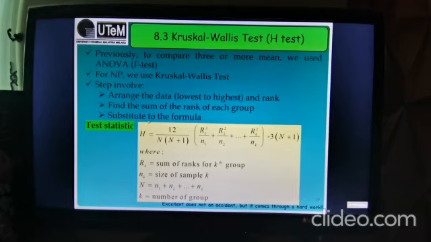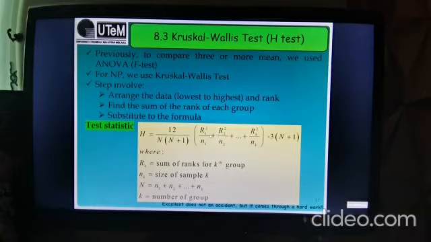And then substitute into the formula of the test statistic. The test statistic is the symbol H. Capital N is the total number of your data. R is the sum of rank, with subscripts 1, 2, up to K, where K is how many groups or samples you have.